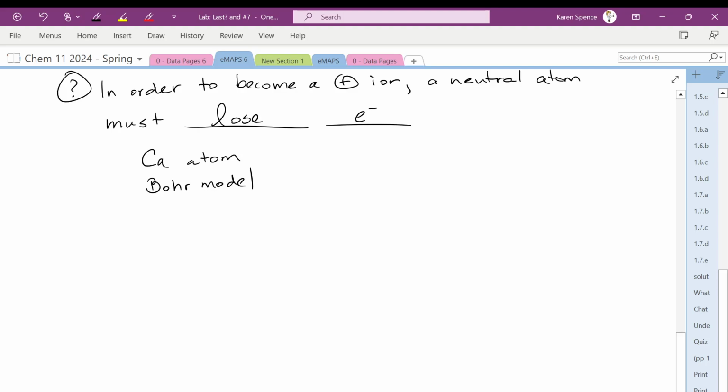I know that the room is really big, so if you're not sitting in the right place, it's sometimes hard to see. So calcium is right here in row 4. So if calcium is in row 4, how many occupied electron shells does it have?